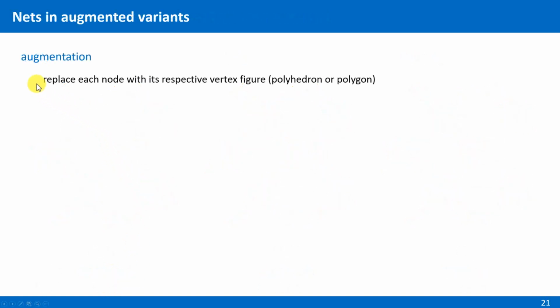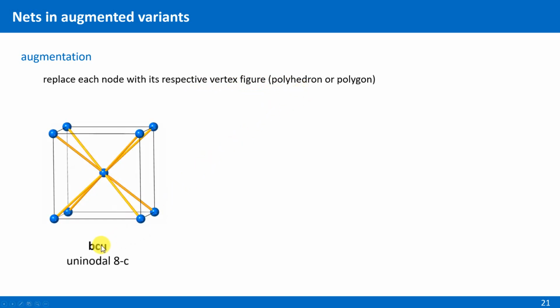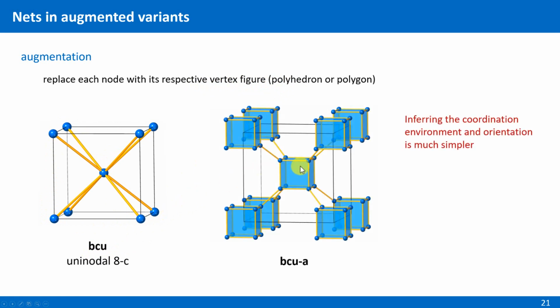In an augmented version of a net, each node is replaced by its so-called vertex figure, and this means the coordination polygons or polyhedra. Here in this example, the BCU net, each node is surrounded by 8 neighboring vertices in form of a cube, so we replace now each vertex with a cube. And the advantage is, of course, that it is much easier to infer the coordination environment and its orientation in space.